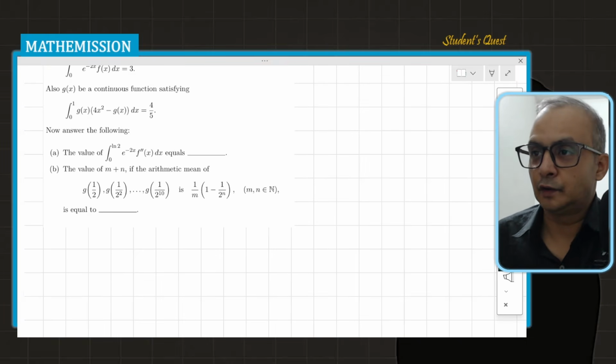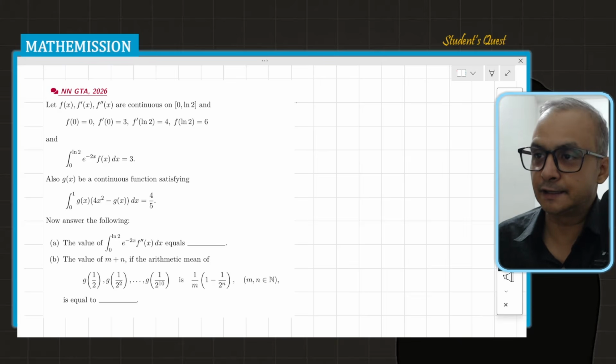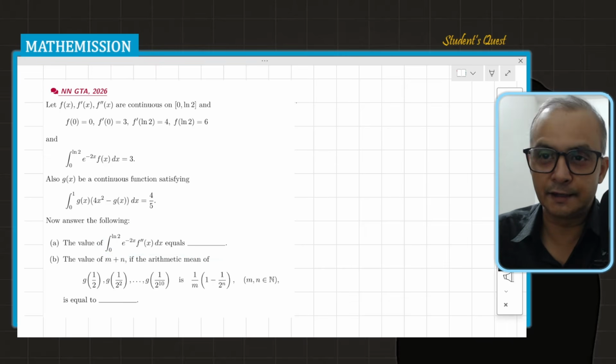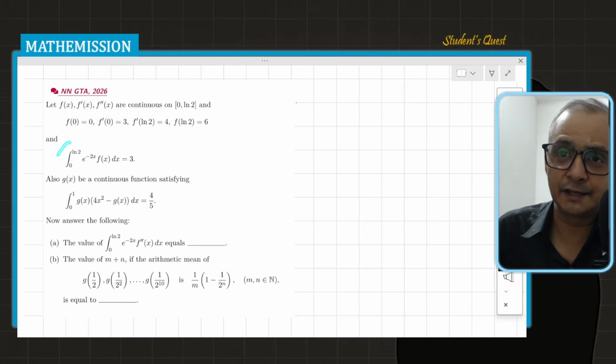Whatever result comes after integrating, for each expression we find in the integral, they have given the data: when you plug in 0 and log 2, everything is given, and the integration value is also given.